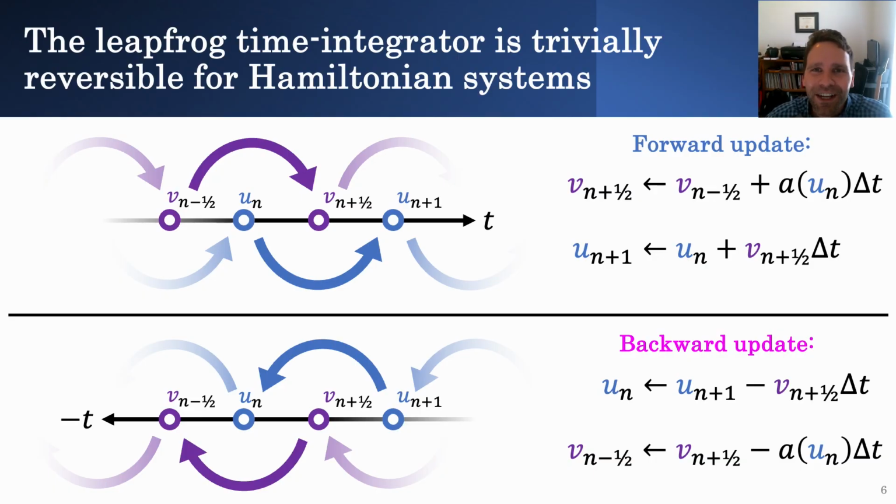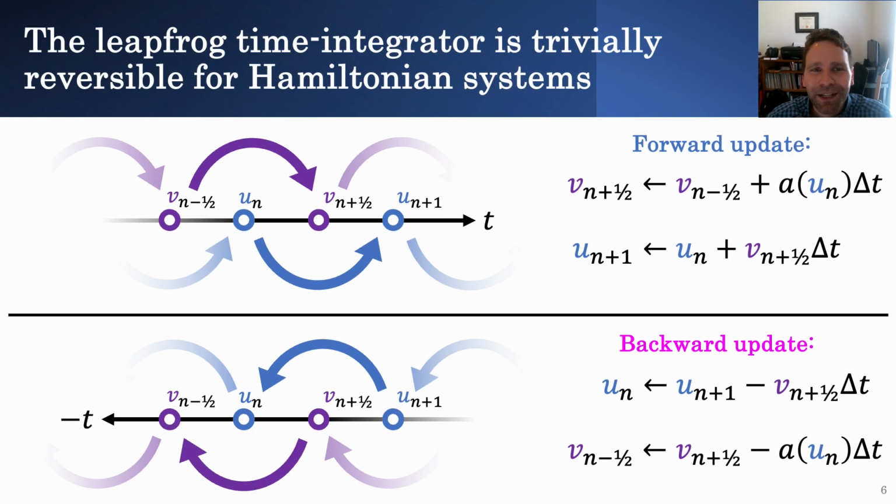The leapfrog time integrator is so named because it involves alternating the update between the velocity variables stored at the half step of a given time discretization, and the displacement variables stored at the whole step locations of that corresponding time discretization.